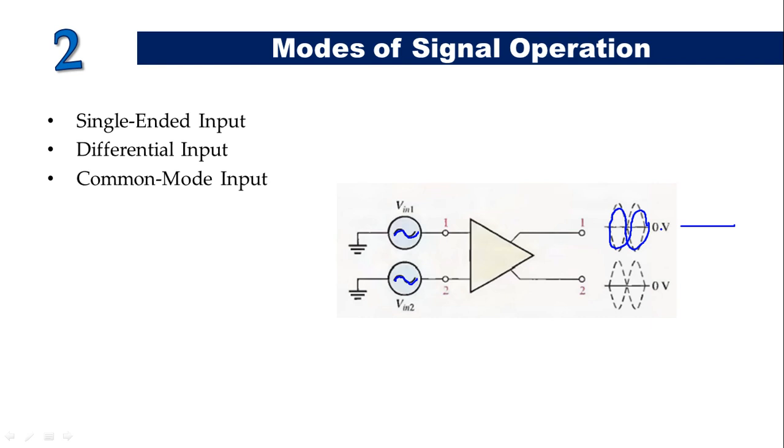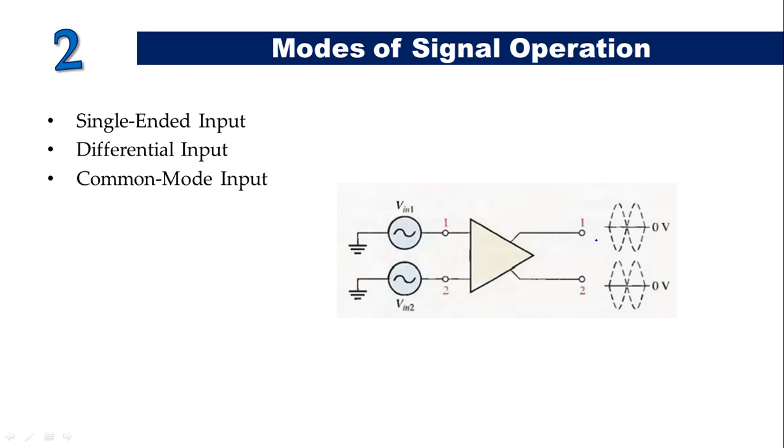Ano ang nangyayari dito? We are noticing that the corresponding signals sa output 1 are of the opposite polarity. Parehas din dun sa number 2. So when input signals are applied to both the inputs, the outputs are superimposed and they will eventually cancel, resulting to a zero output voltage katulad ng pinapakita natin dito sa figure.